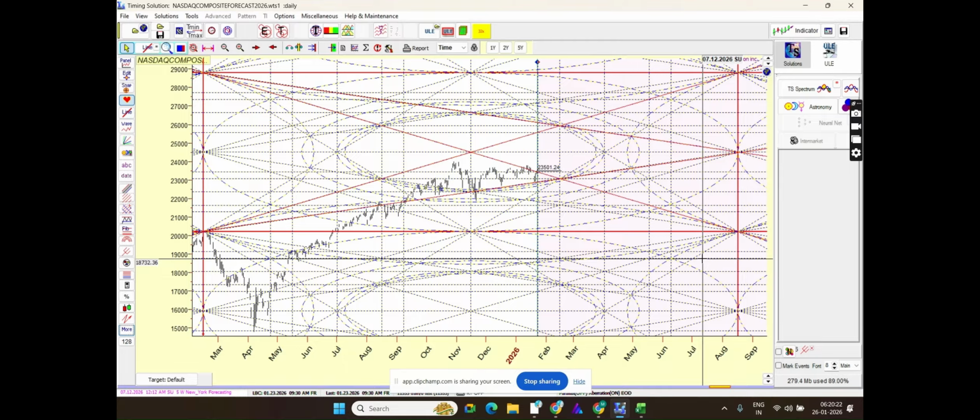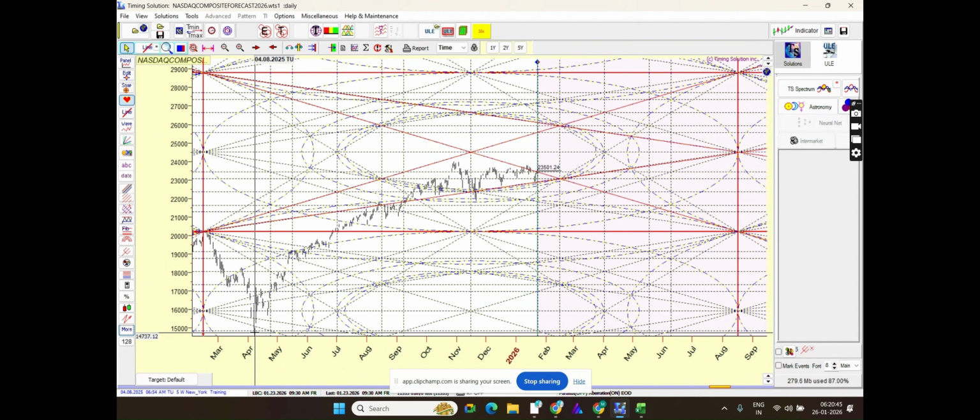So you are seeing the daily chart on the Nasdaq, and you are seeing the minor square of the Nasdaq. Now this was the completion of the square and we saw a decent fall on it here, and this is going to be the level which will be squaring this low.